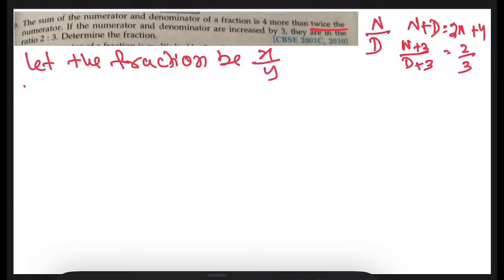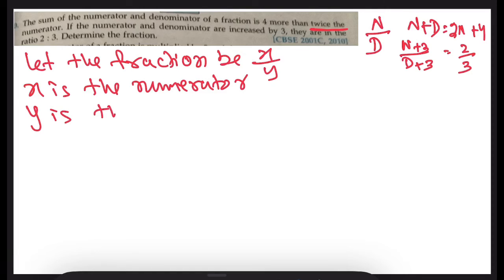He didn't say what the fraction is, he didn't say what the variables are. So, let us take the variables as x and y. So, let the fraction be x upon y. x is the numerator, y is the denominator.